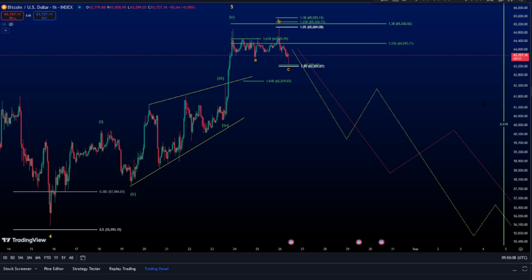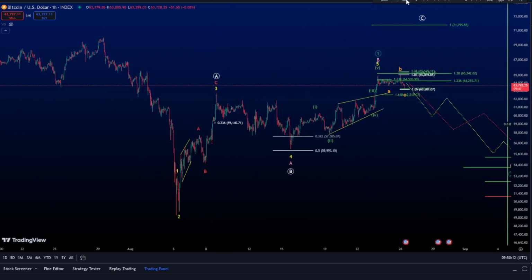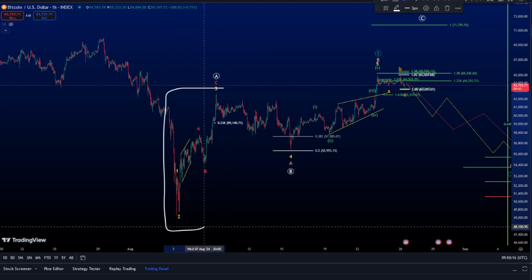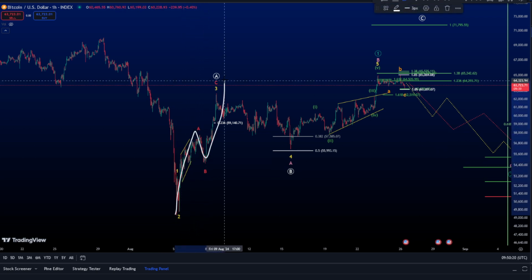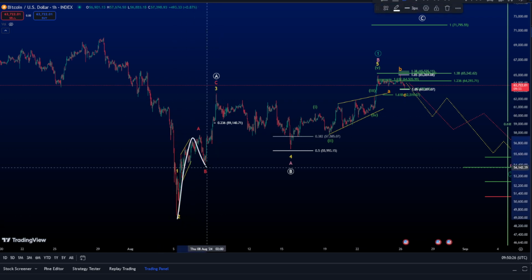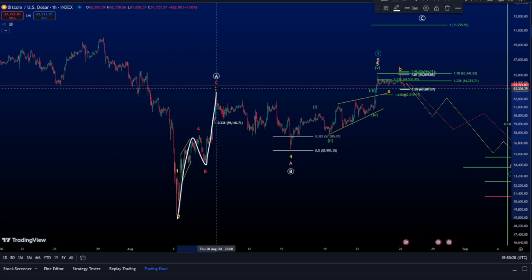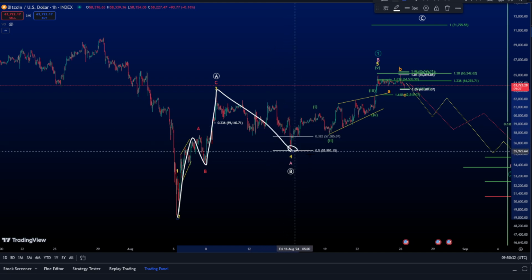On the 1 hour chart, we can see in this area here, as we said yesterday, this part here looks much more like 3 waves towards the upside, right? It's very clear. It looks like a zigzag or 1, 2, 3. If this is a 1, 2, 3, then we are looking for a 4 here, finishing exactly on almost 0.5.